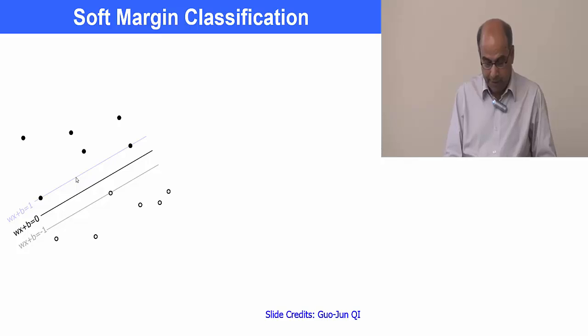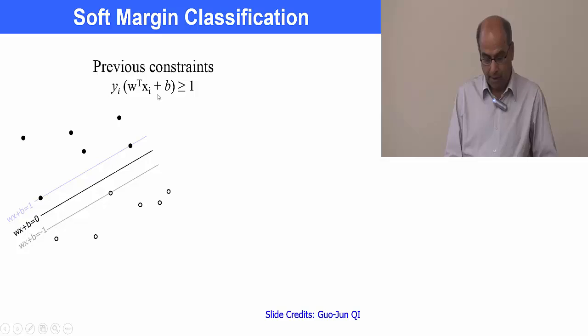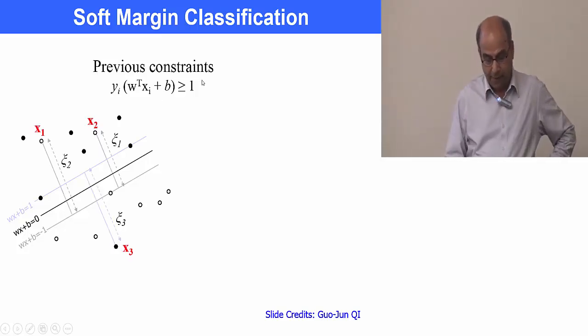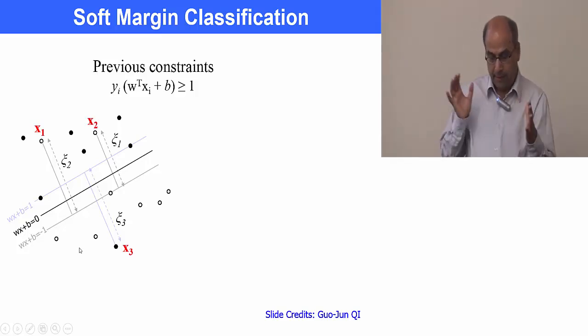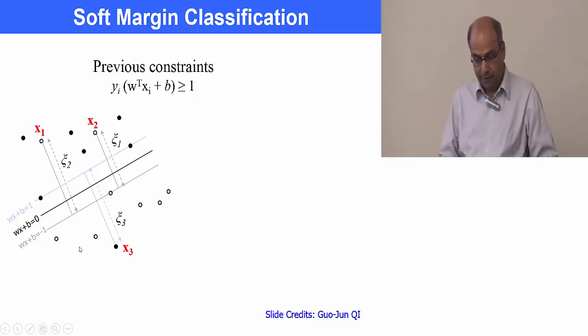So what we have here is the SVM. We have the line separating these two classes, this is the positive class, this is the negative class, and these are the constraints. This is what we have been talking about. Then let's say that we have misclassified: x2, which is an open circle, should be on this side, x3, which is a closed circle, should be on this side, x1, which is an open circle, should be on this side, but they have been misclassified due to noise and all these things.